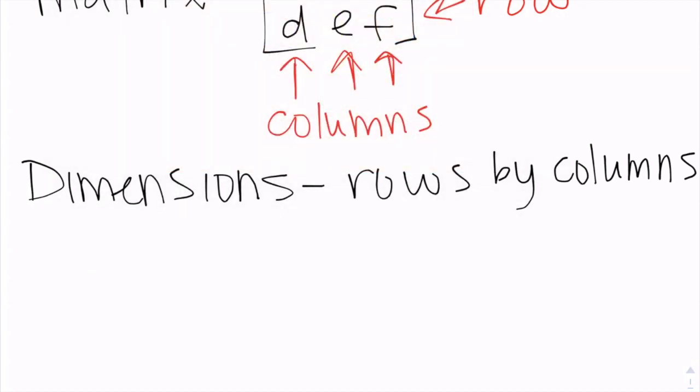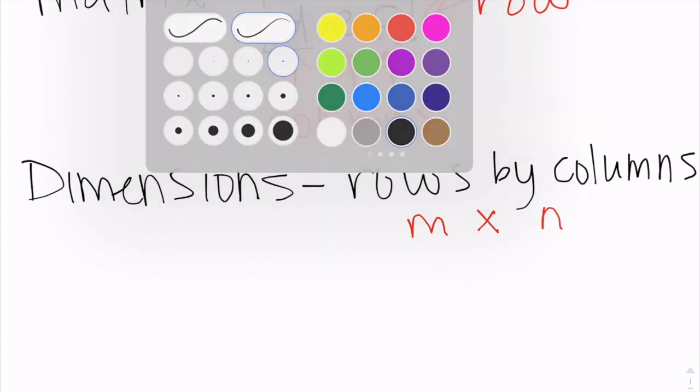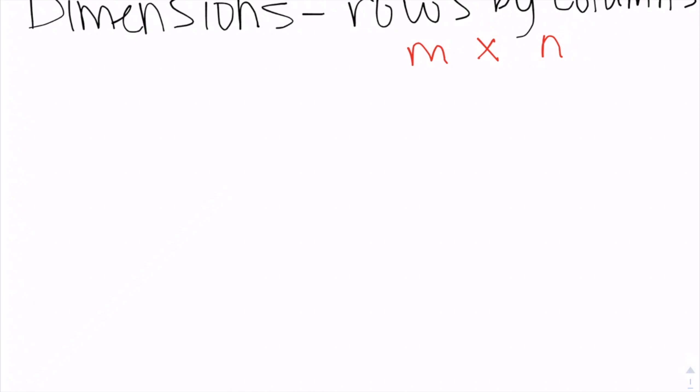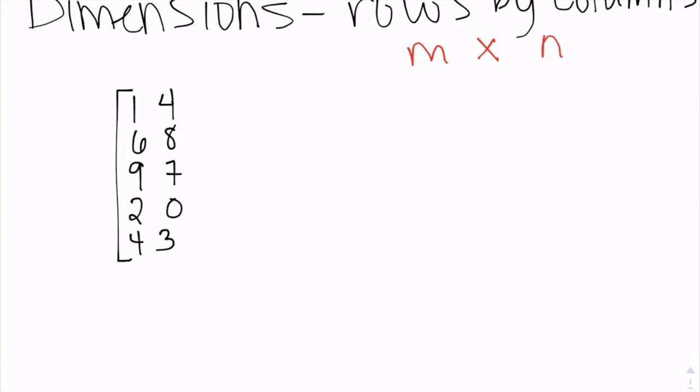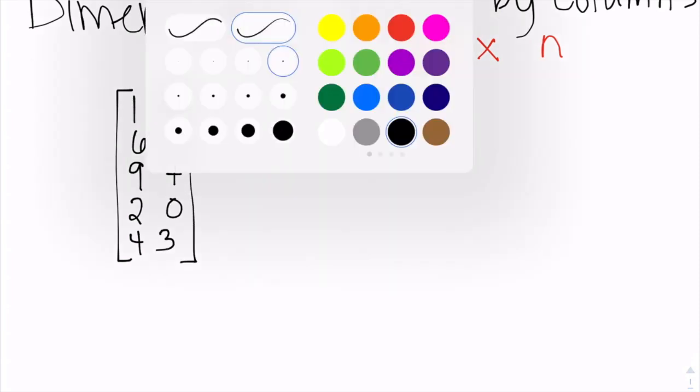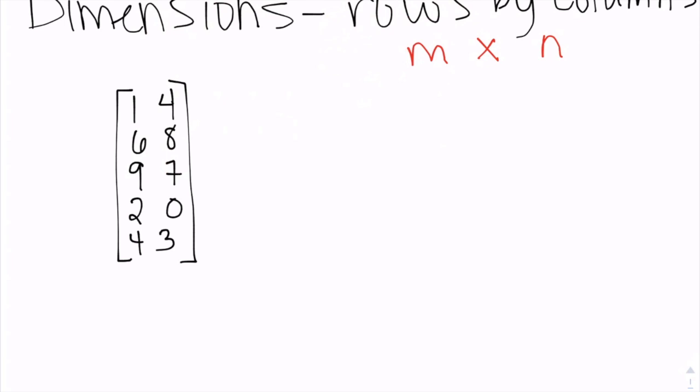And you'll also see it written sometimes as M by N. So if we take this matrix as an example, then we have 1, 2, 3, 4, 5 rows and 1, 2 columns.